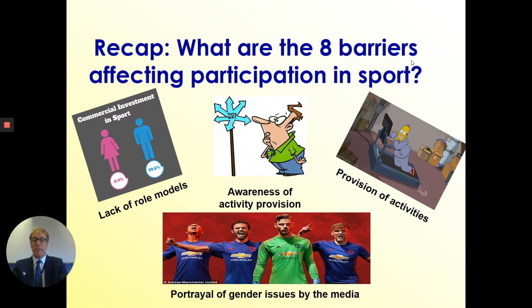The flip side is if you're a girl and you might want to get involved in rugby, because it's portrayed in the media like it's very much a male-dominated stereotypical sport, that might be a barrier preventing you taking part as well. There are other barriers as well that you might think of, and some of those would get you a mark also in an exam if it fits that particular question.